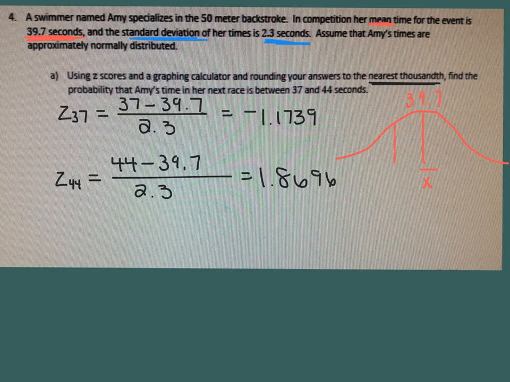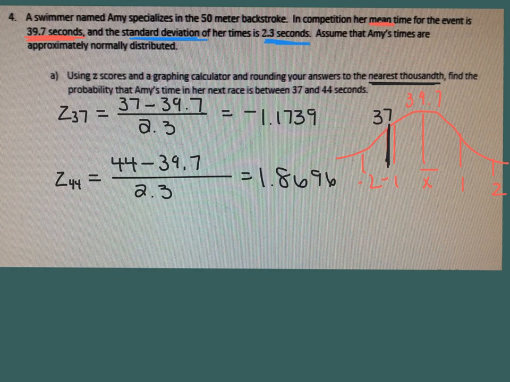If you were to have 1 standard deviation below, 2 standard deviations below, 1 standard deviation above, 2 standard deviations above, this score falls approximately 1.1739 standard deviations below the mean. So that would fall right about here. Let me make that another color. That's where 37 would be.